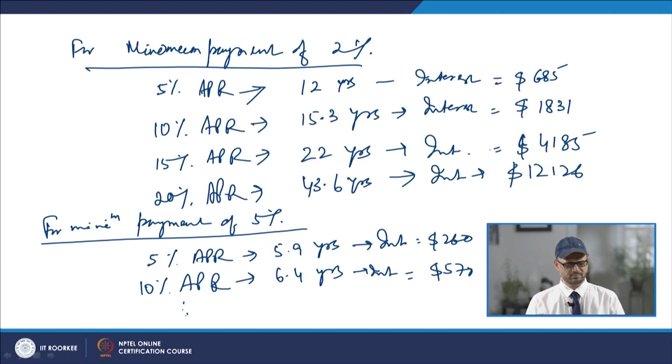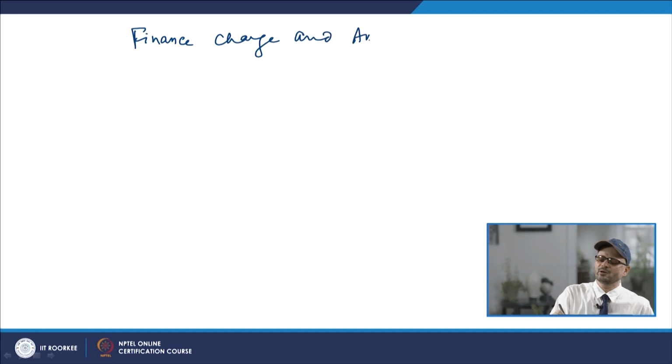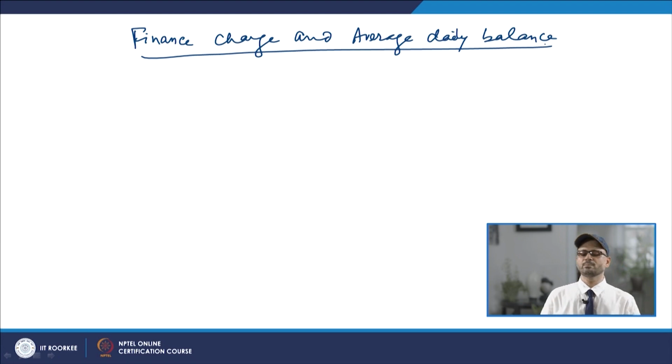Now based on this, you have another concept of the finance charge and average daily balance. So, what you see is that you are paying some amount for that, and depending upon the average daily balance, you are charged by the financial company.